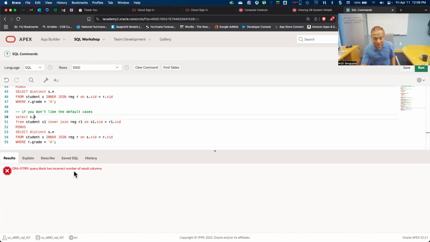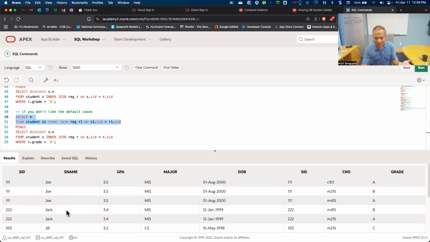Actually, this is an interesting, important thing to remember, that the two things that you're doing a minus on have to be compatible. So the reason why this failed was that, if I run this one, as you notice, the error message was they have different number of columns.